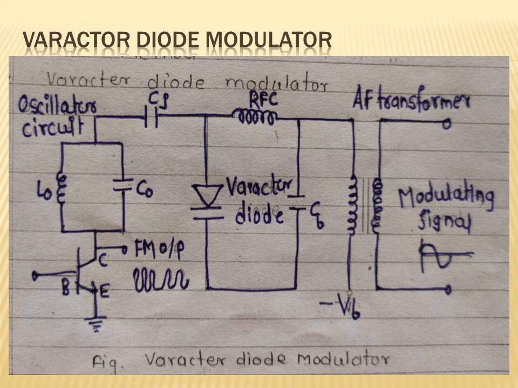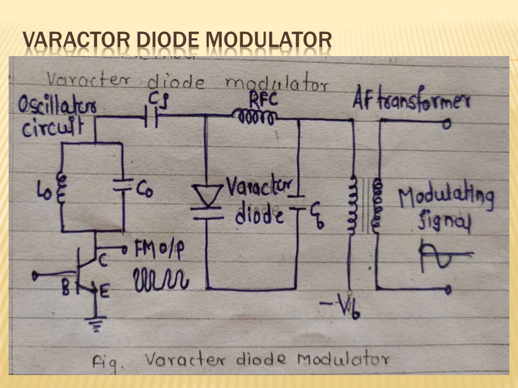The modulating signal is in series with the negative voltage minus VB. According to the modulating signal, the voltage across the varactor diode changes, and the junction capacitance, Cj, also changes. RFC is the radio frequency choke, which blocks the AC and provides DC only to the diode.